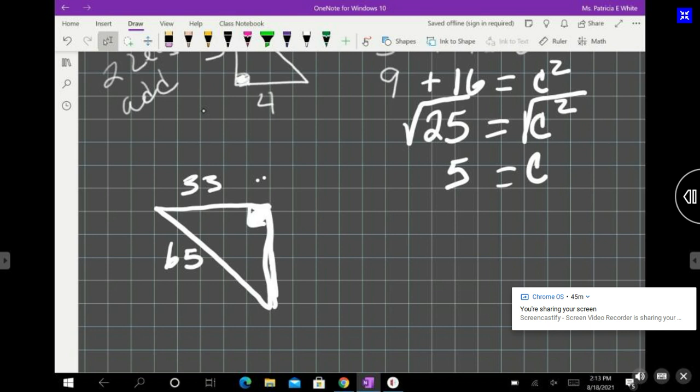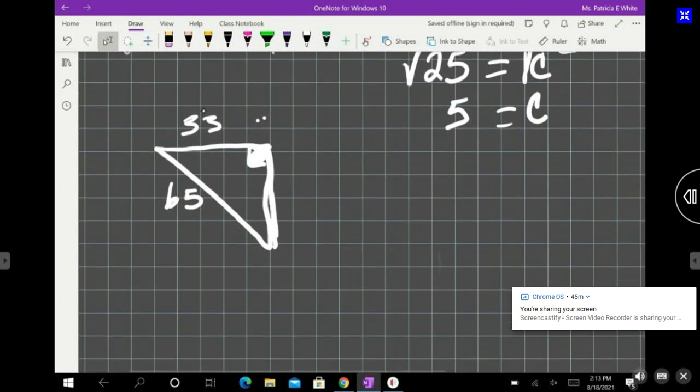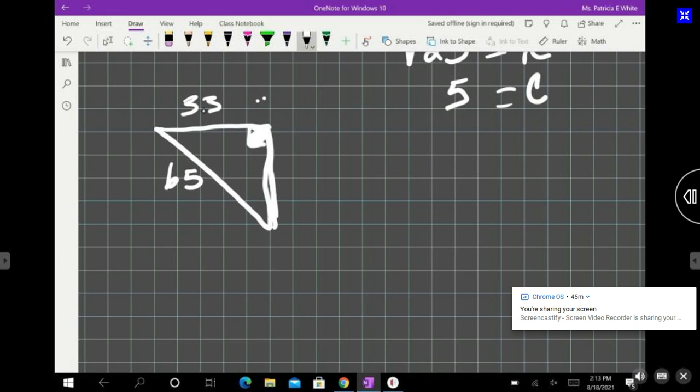So 33 and 65. Should I add that or should I subtract that? Everybody understand? I've got that hypotenuse, right? If I have the hypotenuse, that's a subtraction. 65 squared minus 33 squared equals B squared. B or A, whatever. Okay, I need 65 times 65. 65 squared is 4,225.